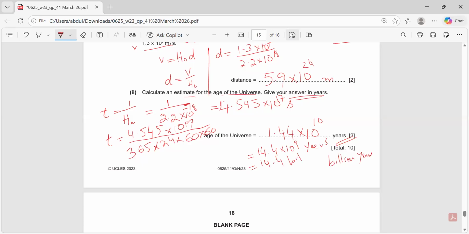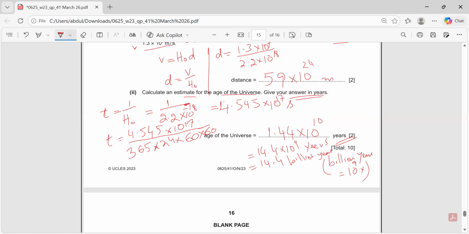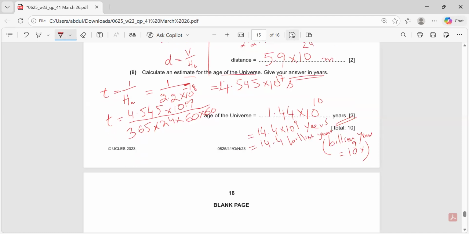So then it will become billion years. So be very careful. 1 billion year is equal to 10 raised to power 9 years. Okay, this was a simple, straightforward answer.